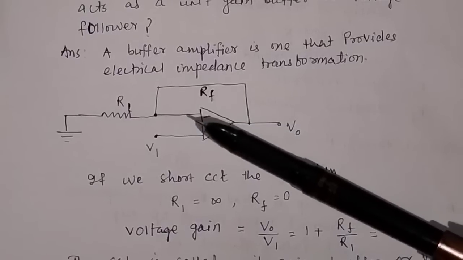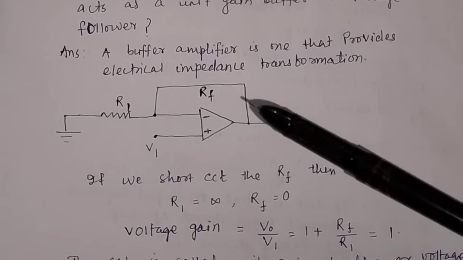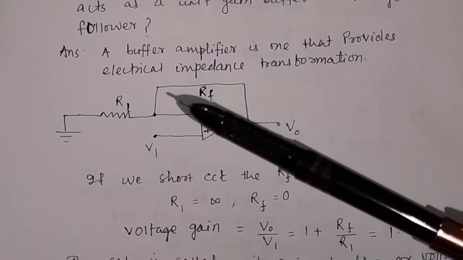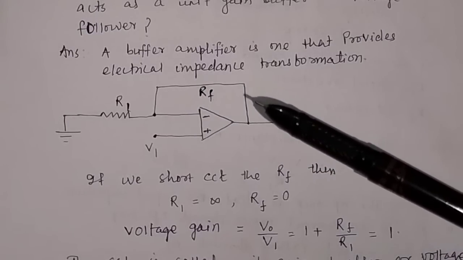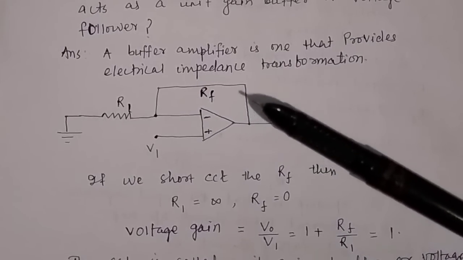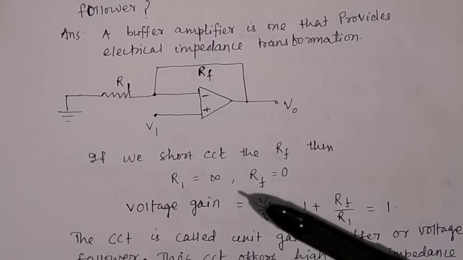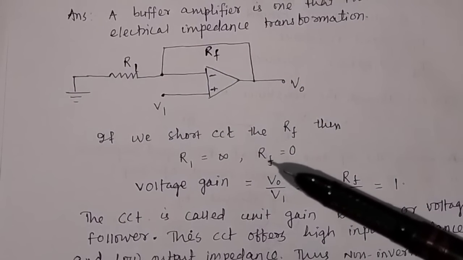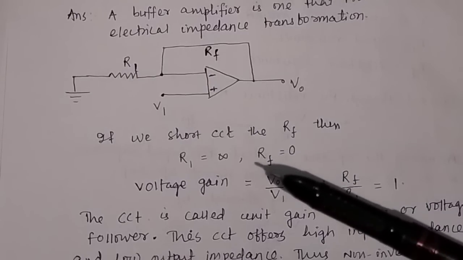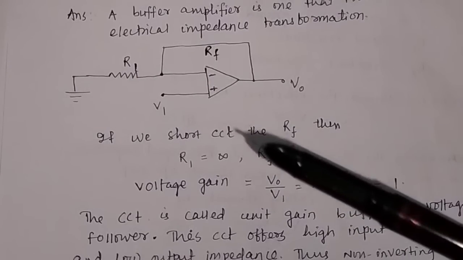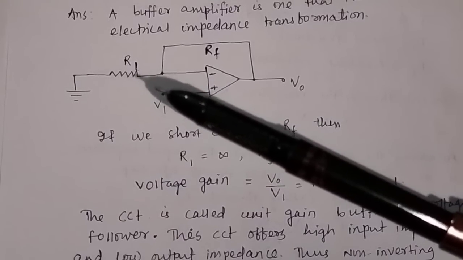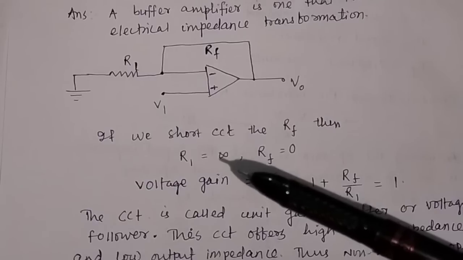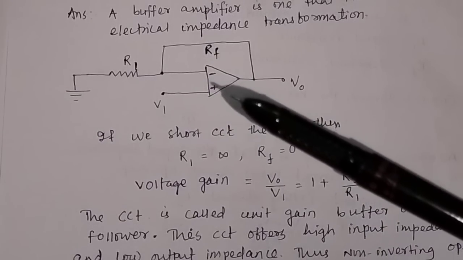The next question is, draw the circuit diagram for a unit gain buffer or voltage follower. If you short circuit the feedback resistor, I have short circuited the feedback resistor, then it is called unit gain. The gain will be unity, because when you short circuit it, the resistance of the feedback resistor Rf will be equal to 0. And what will be the input resistance? The input resistance will be equal to infinity, because the input impedance is very high.